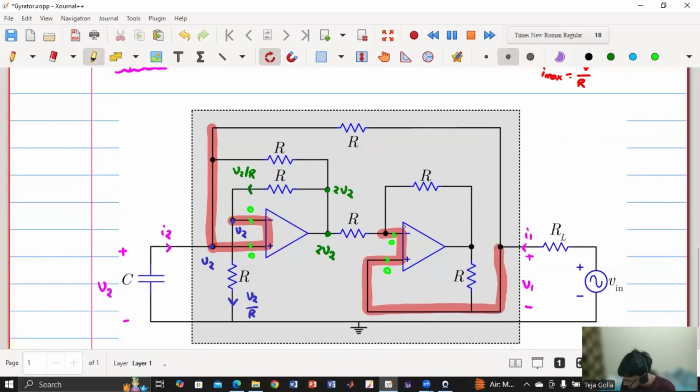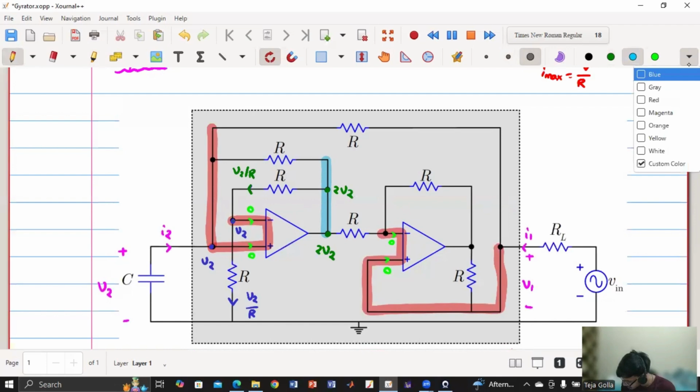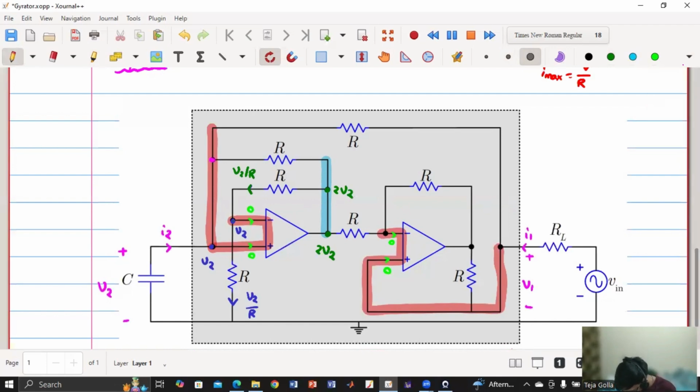So let me use another color and show you that these two terminals, this entire thing, is also at the same potential. Okay. Now you see that this is at V2 and this is at 2V2.